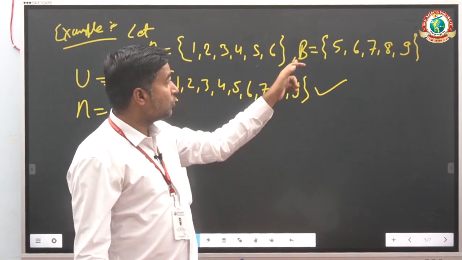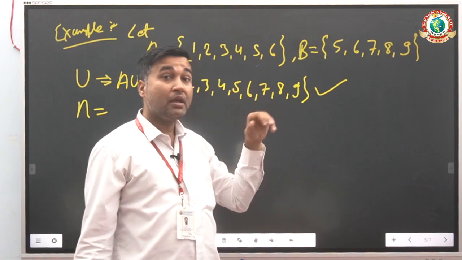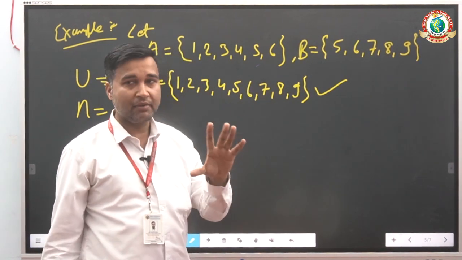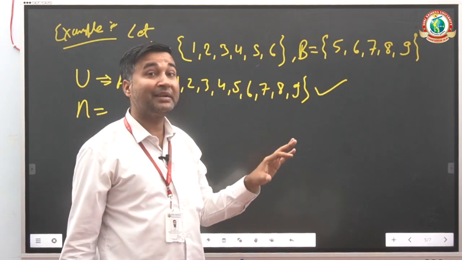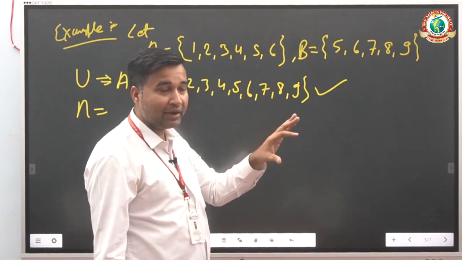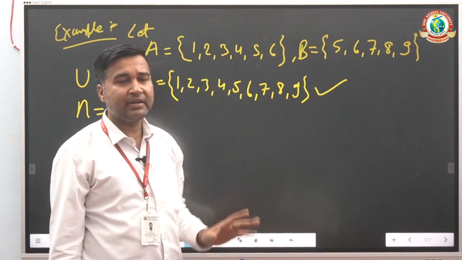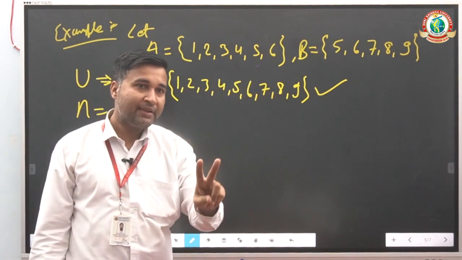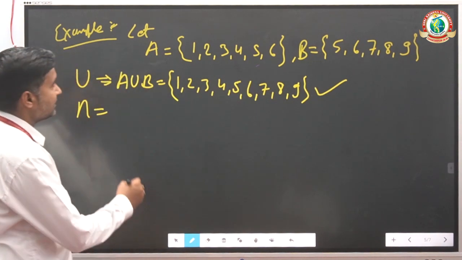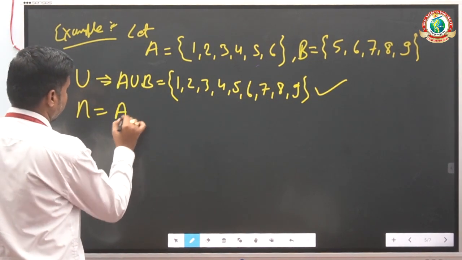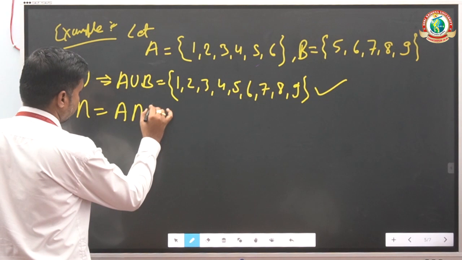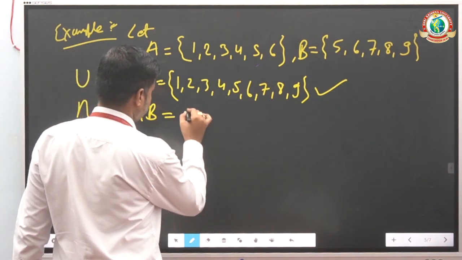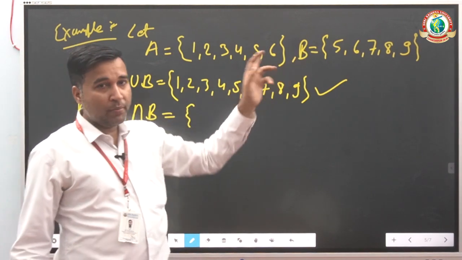If there are no common elements in A and B sets, then the result of intersection is phi. Phi means null, an empty set; no elements are common. But here it is not so; 5 and 6 are common in both. So for A intersection B, we find only the common elements.